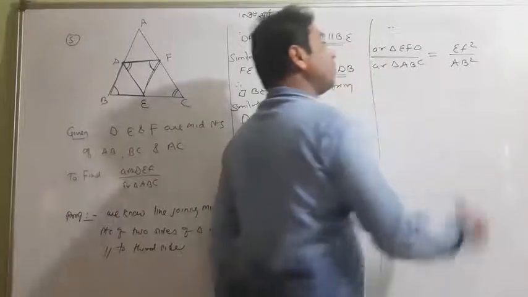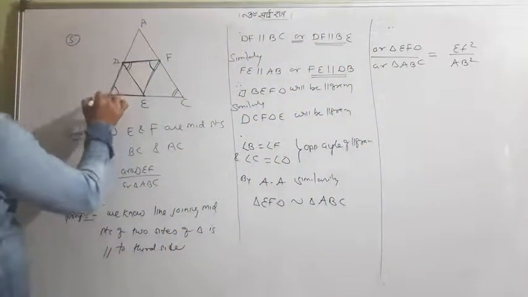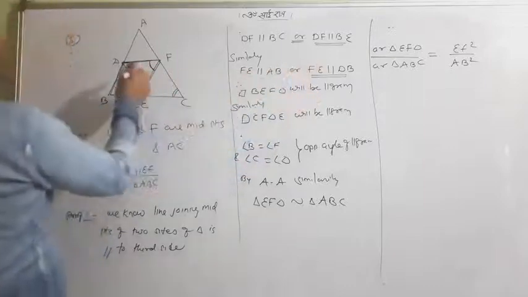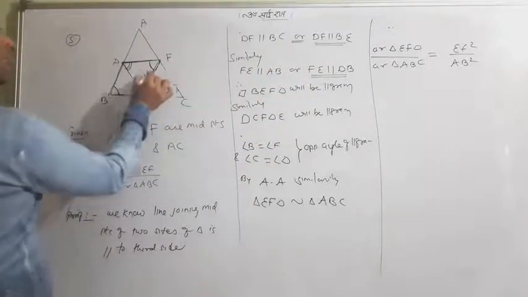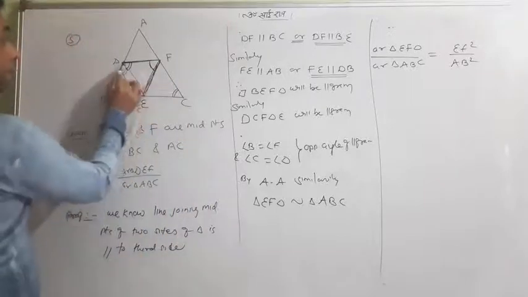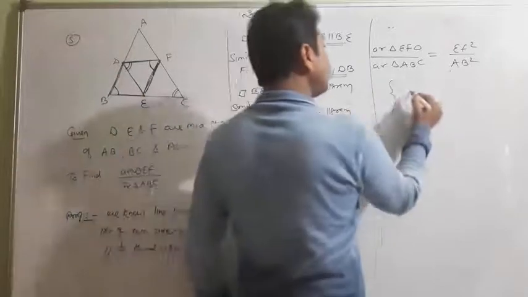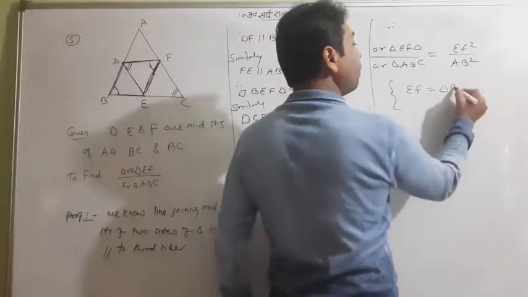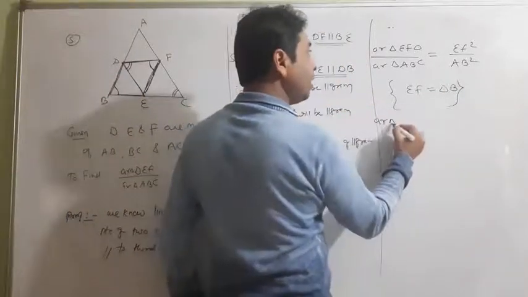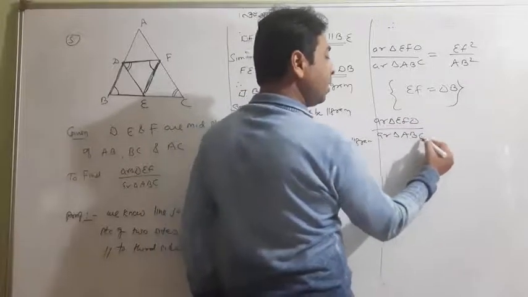Now what can we write furthermore? Look, AB is here and EF is here. So let me speak something very frankly, that this was a parallelogram. So EF side is equal to DB side. Since EF and DB are the same, can I write area of EFD upon area of ABC?